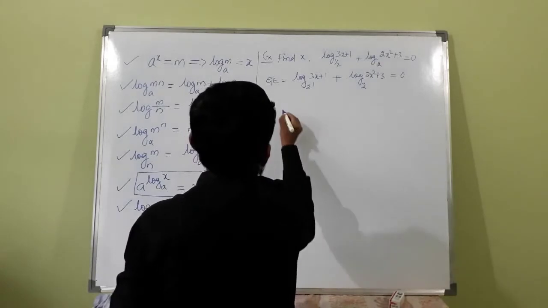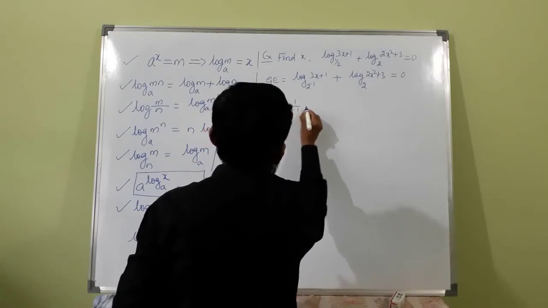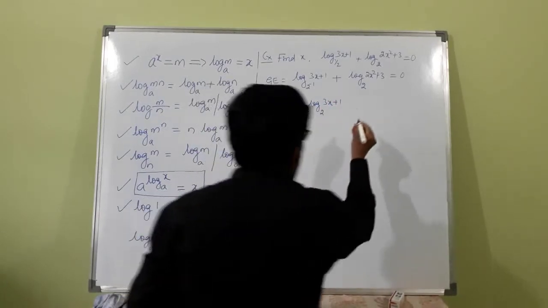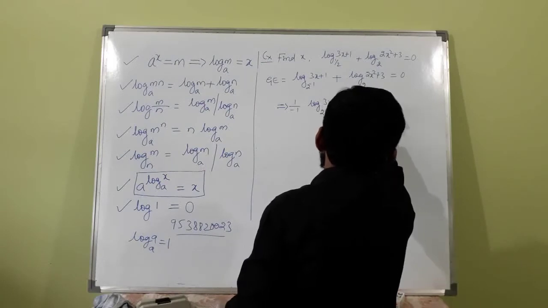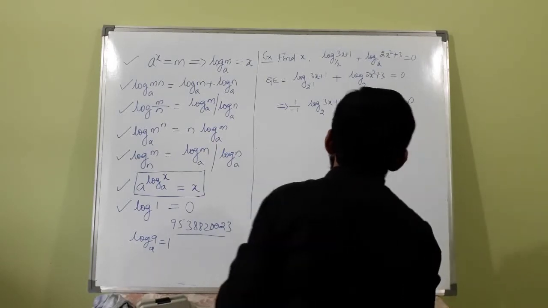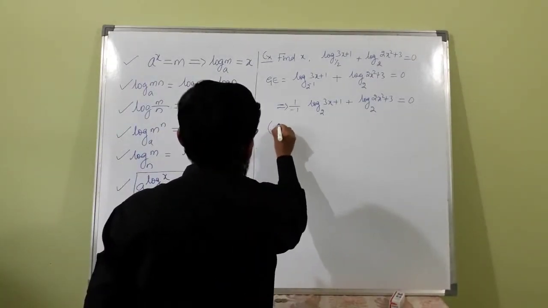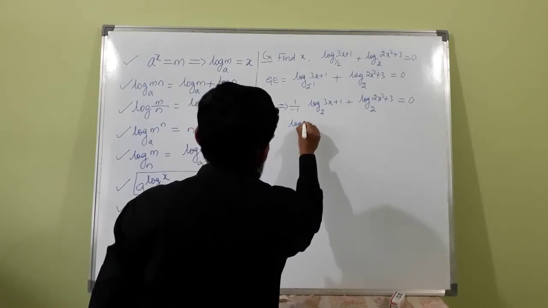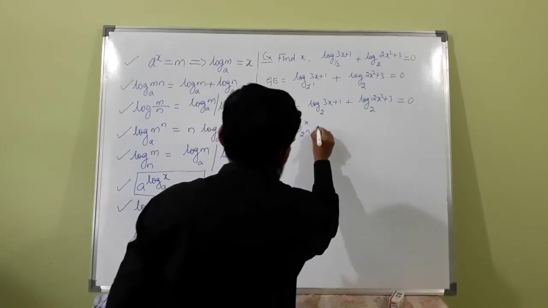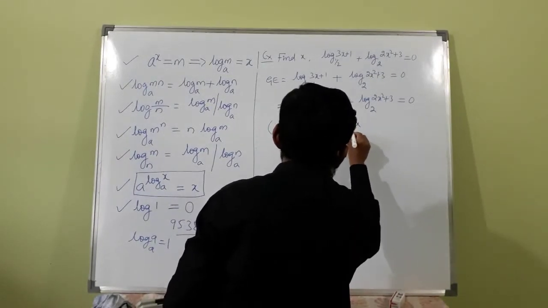This is nothing but 1 by minus 1 log of 3x plus 1 to the base 2 plus log of 2x squared plus 3 to the base 2 is equal to 0, because log of x to the base 2 raised to n can be written as 1 by n into log of x to the base a.